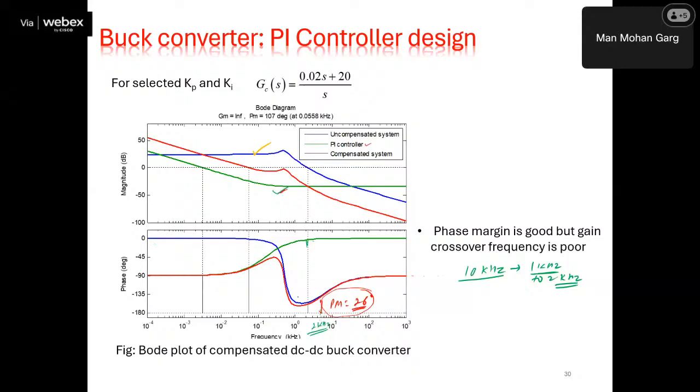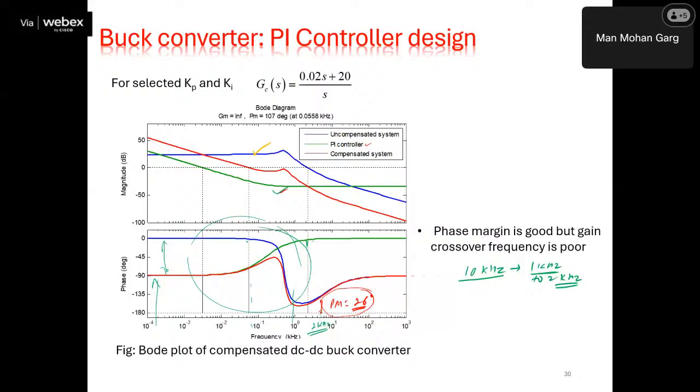For the blue one, beyond this point, you see that there is a lot of phase margin available. If I shift this to the left, then here there is no issue. It can compensate. Even in this region we can get 90-degree phase margin, something like 180 minus 90. So that is the safe area.